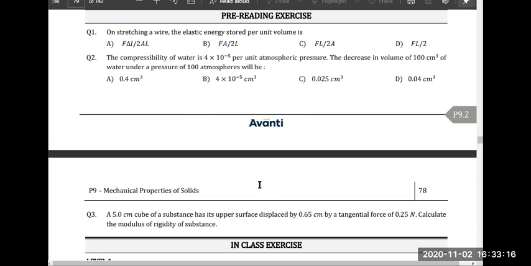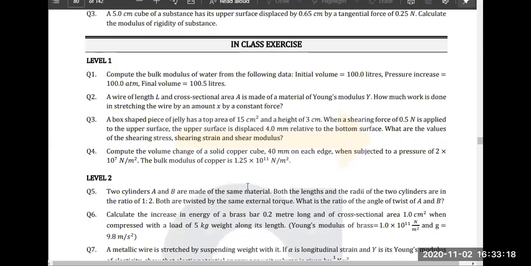Next is question number 3. A 5 centimeter cube of substance has its upper surface displaced by this. Now, don't you think that this is easy? Modulus of rigidity, just putting the formula.